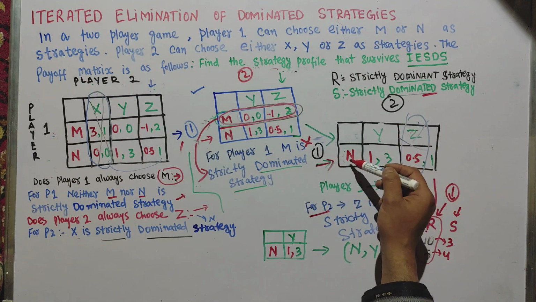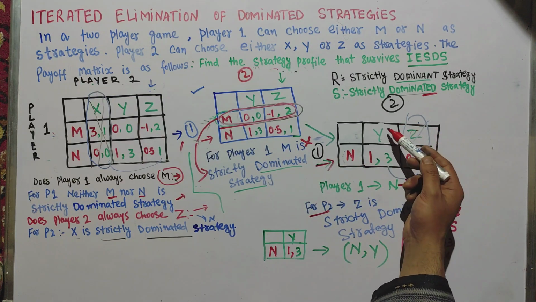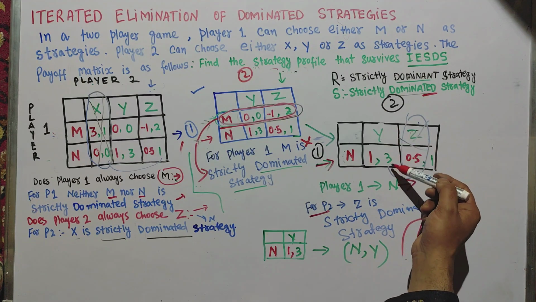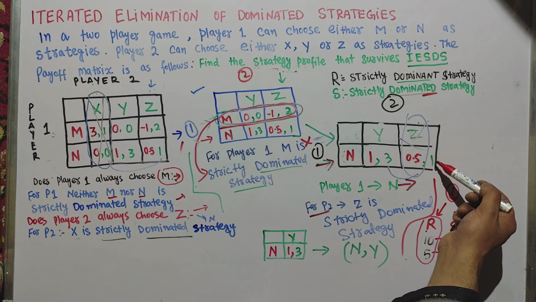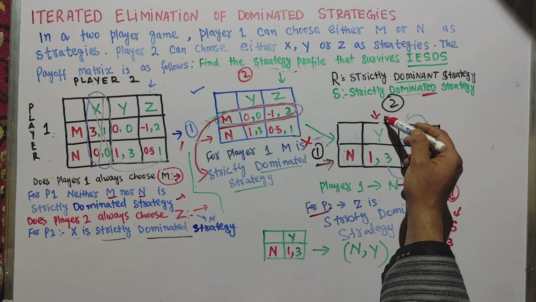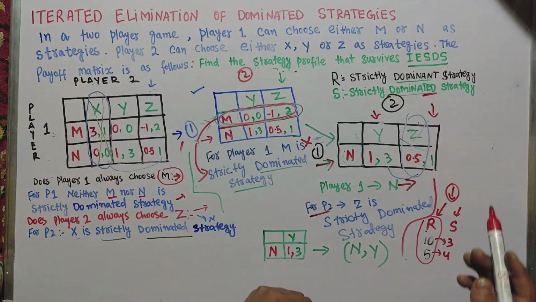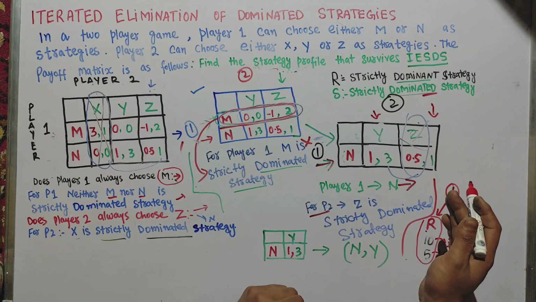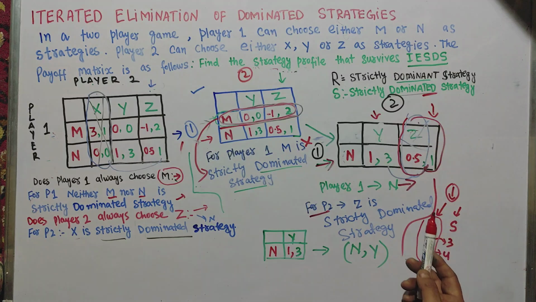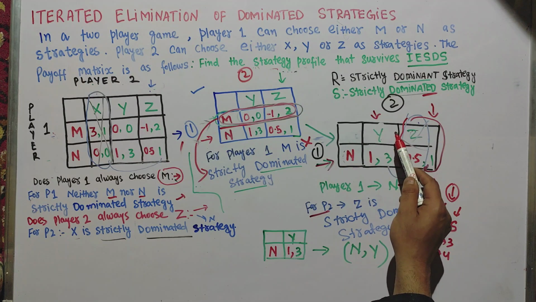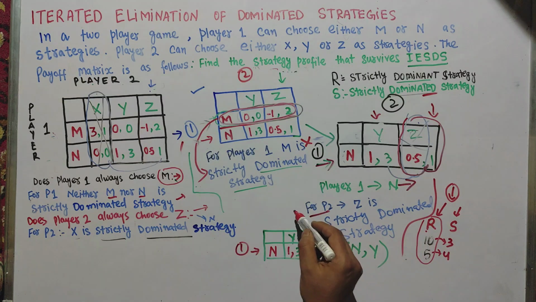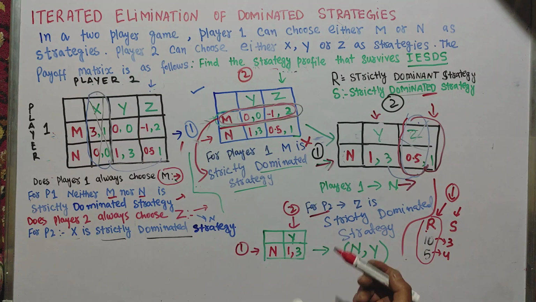When player 1 chooses N as strategy, player 2 has two options, either Y or Z. Here you can see playing Y gives player 2 more payoff than playing Z. That means Y is the dominant strategy and Z is the strictly dominated strategy. Our endeavor is to remove this dominated strategy. Then we are left with only this strategy profile: player 1 will choose N and player 2 will choose Y.